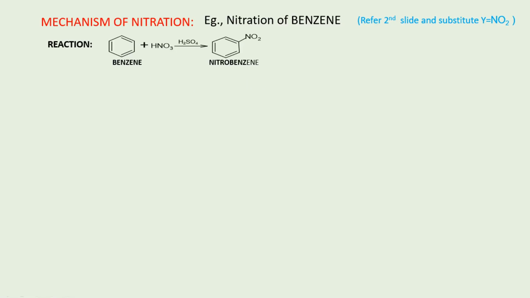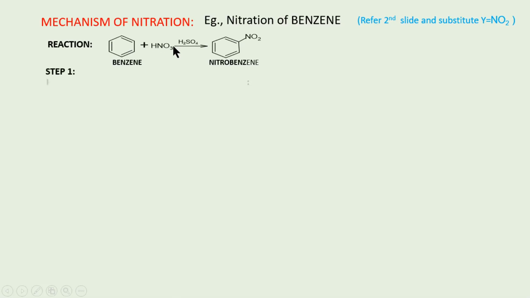Then that hot solution is poured into a beaker containing water, and if the solution turns yellow or a yellow precipitate is formed, then we say that the given compound is aromatic. If it does not turn yellow or give a yellow precipitate, then the given compound is aliphatic.